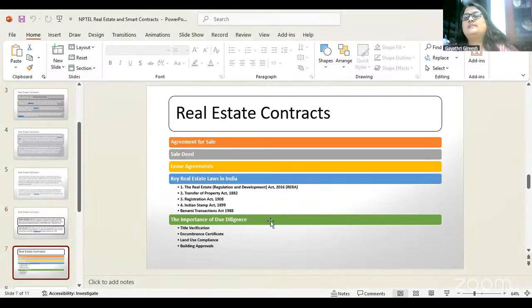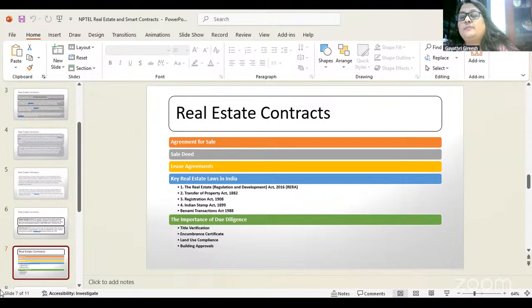Now, moving on to the most important section, the real estate contracts. What are the documents available for the real estate contracts? I think all of you might have purchased land in one way or the other, or are owners of land in one way or the other. So I would assume that you know all these kinds of legal documents available in your custody, whether it is your house or your land property.